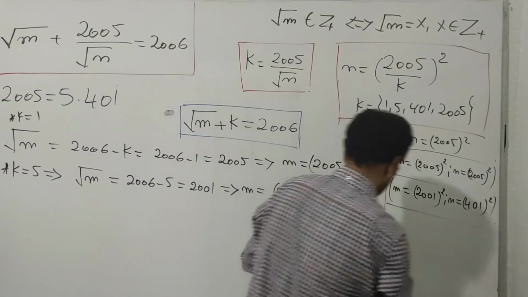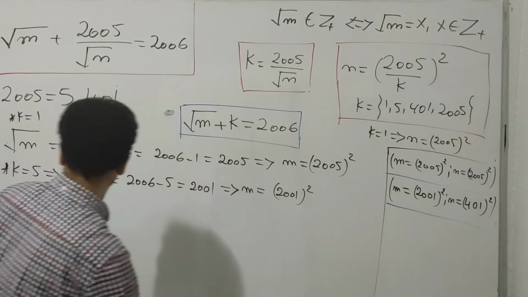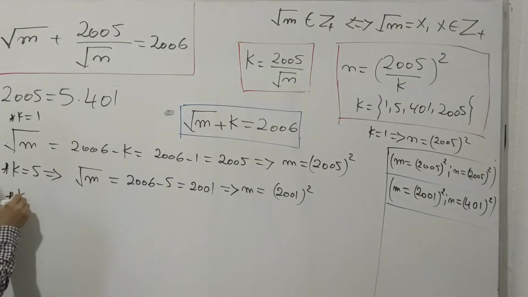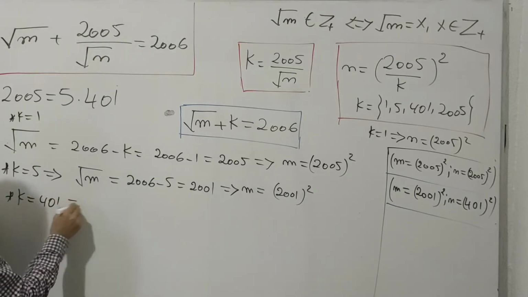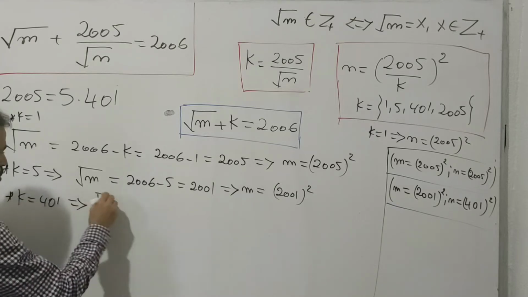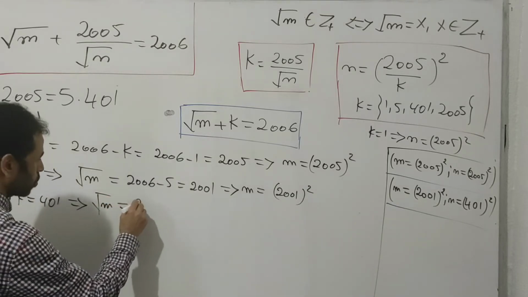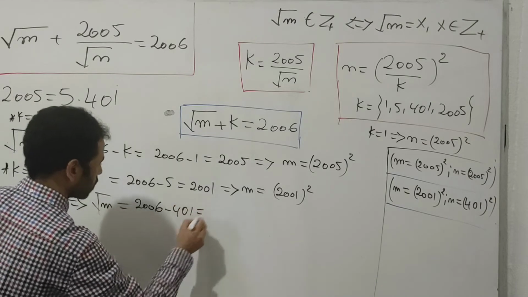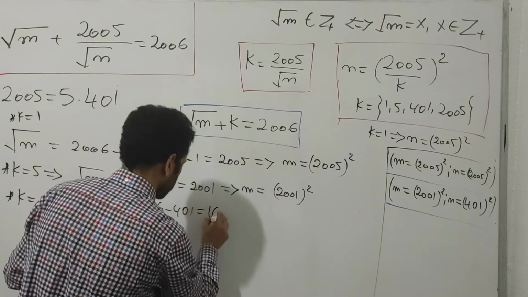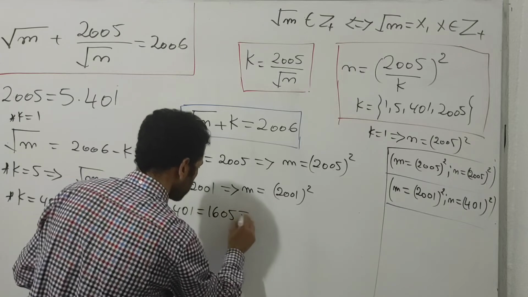I'm going to look for the third solution, for k equals 401. I will get square root of m equals 2006 minus 401, which is 1605.